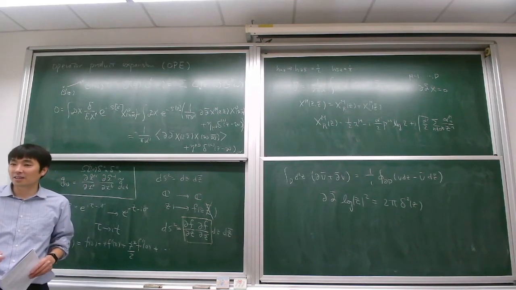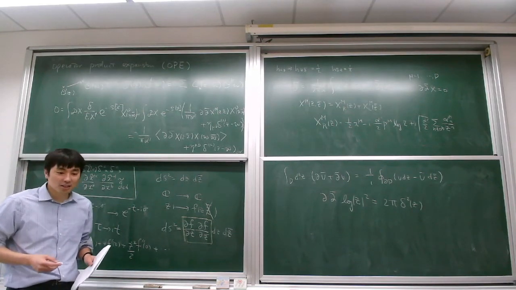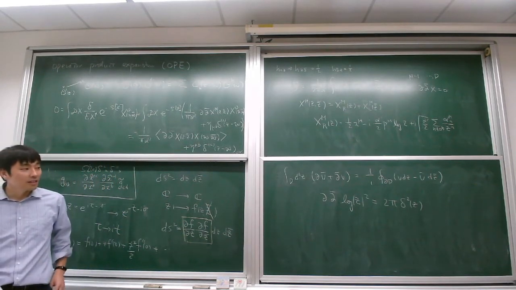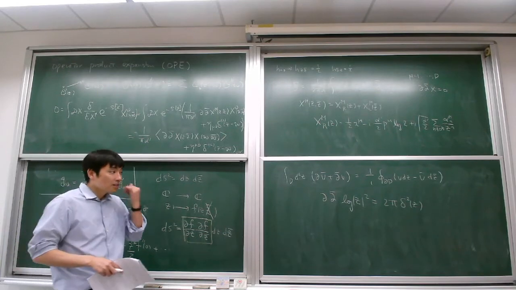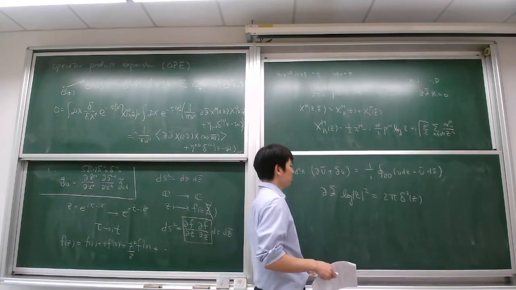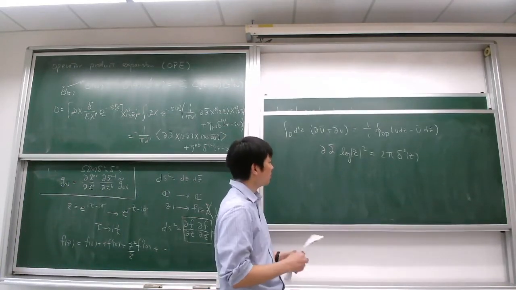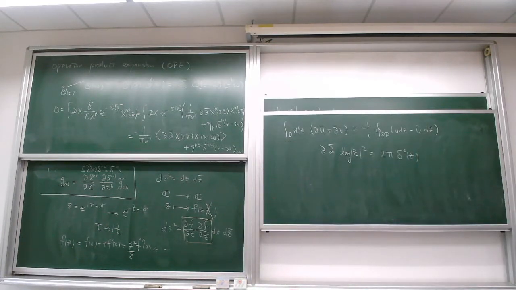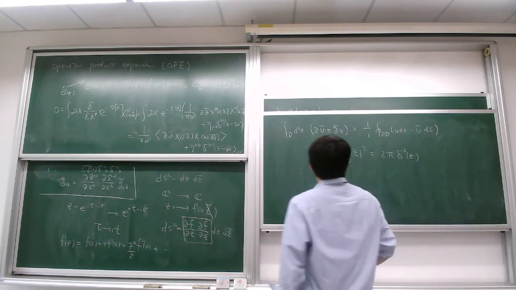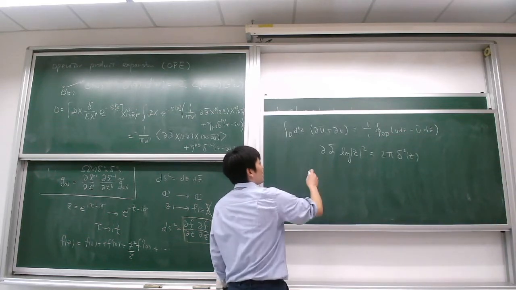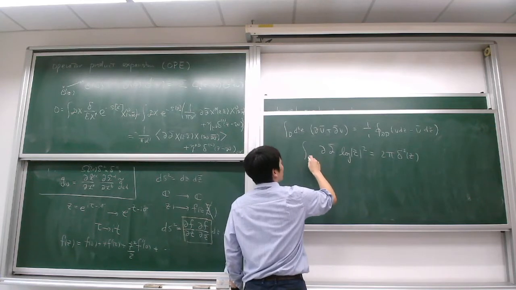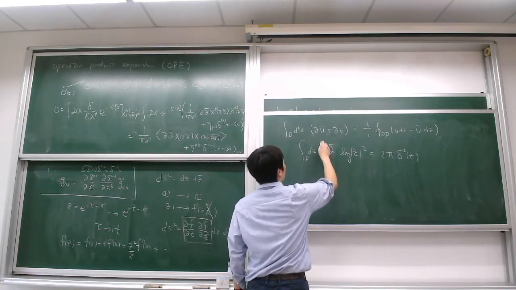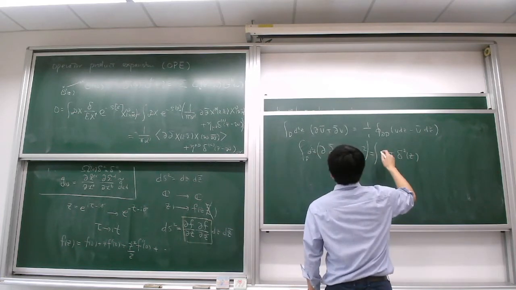Can anybody derive this? You just apply the integral d²z on both sides, and here you just do the same thing.